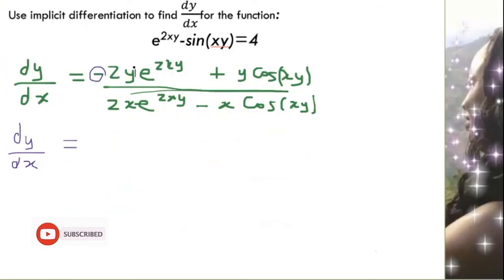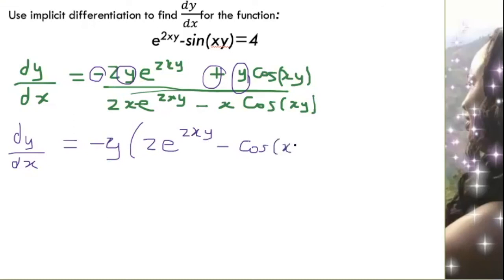And that means the sign will not be plus anymore, but will be minus. So factoring out minus y, I'll be left with 2 e to the 2xy. And the plus will become a minus sign, so it becomes minus cos xy.